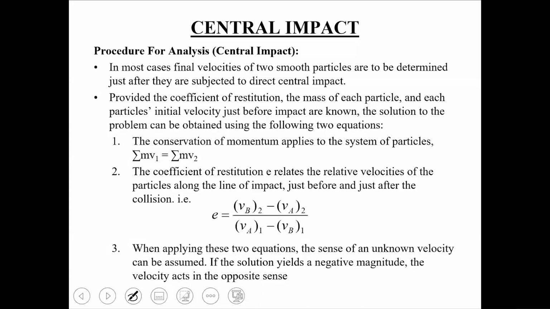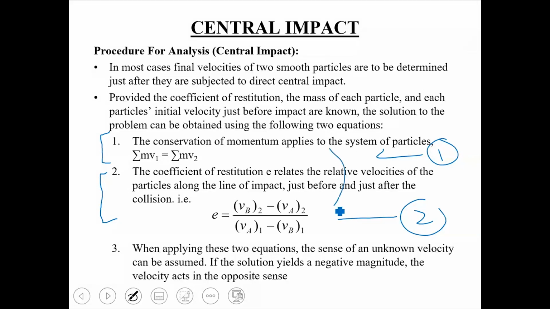जैसे अभी हमने डिस्कस किया था, first of all, we are going to apply step number 1 on a system. That is, the conservation of momentum principle is going to be applied on the system along the line of impact. Then, in the second step, we are going to apply the coefficient of restitution equation along the line of impact. This will give you two equations, one from conservation of momentum, two from the coefficient of restitution.